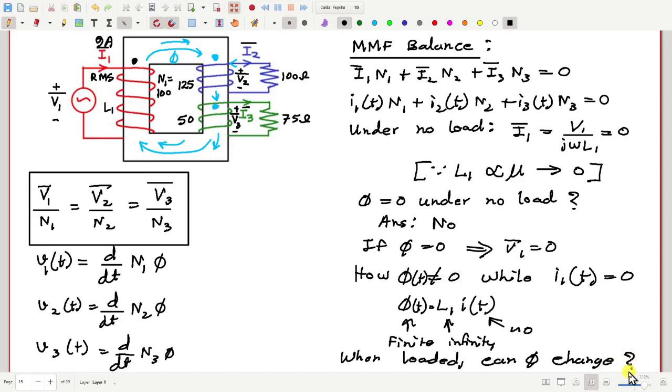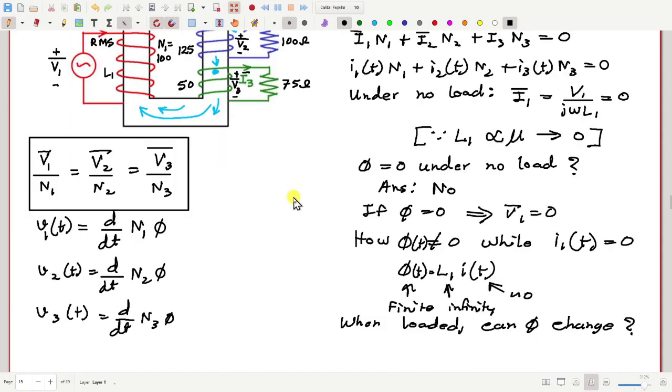Should phi change significantly? No one? The answer is no. Phi should not change much, at least. Because if phi changes, then V1 should change, because V1 is basically a derivative of phi times N1. Since V1 is constant, phi should remain constant.